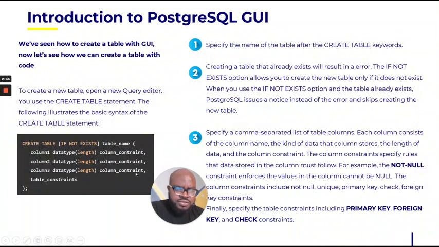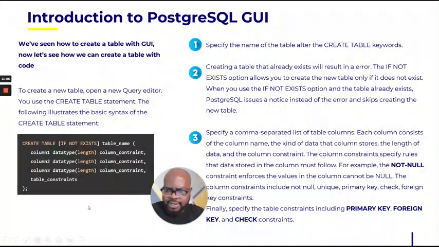So column constraints really are constraints, or rules, that are bound to each column. So I could create a new column for customer ID and say that's my primary key. So that's a rule. Postgres knows that that's my primary key. So that's a constraint bound to that column. I could make a column my foreign key. I could also specify that a column should not contain null values. So that's another rule I could place on my column.